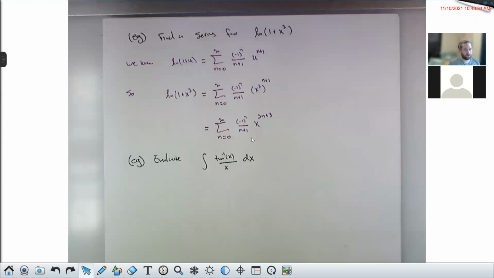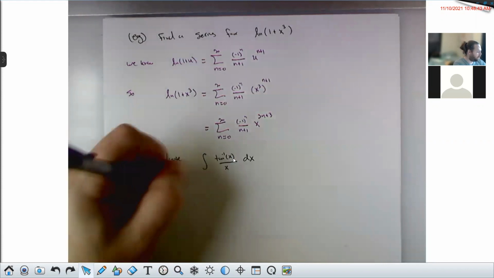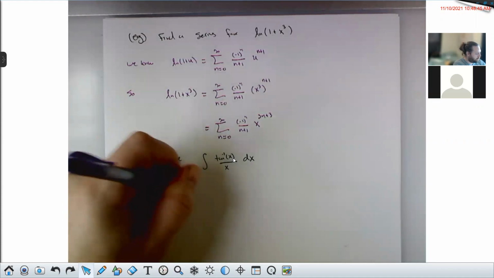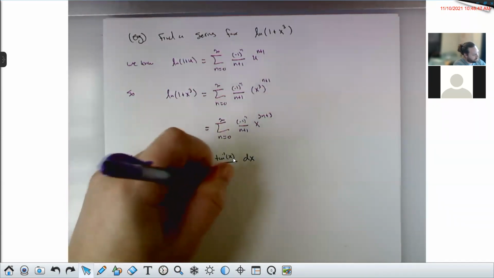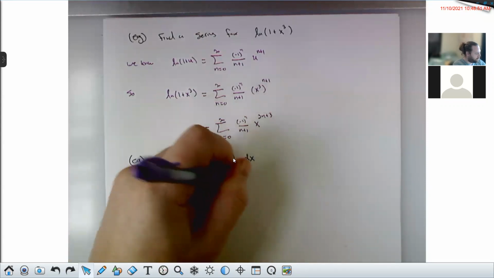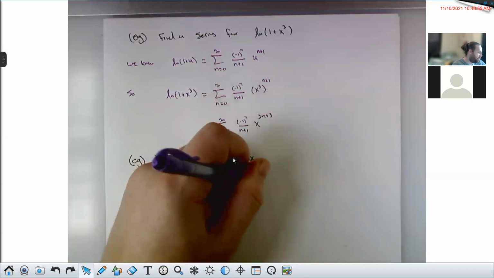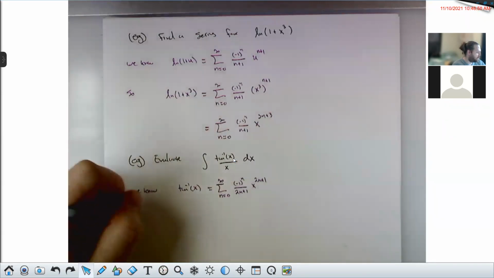And again, here we use one of those known series, the arctan series, as our starting point. We know that the inverse tangent of x is sigma n from 0 to infinity, negative 1 to the n over 2n plus 1 times x to the 2n plus 1.